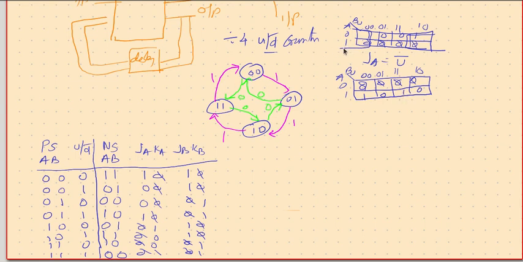We have done a mistake. Of course, we have done a mistake. It should be 1 here, 0 here. Therefore, this is no more valid.